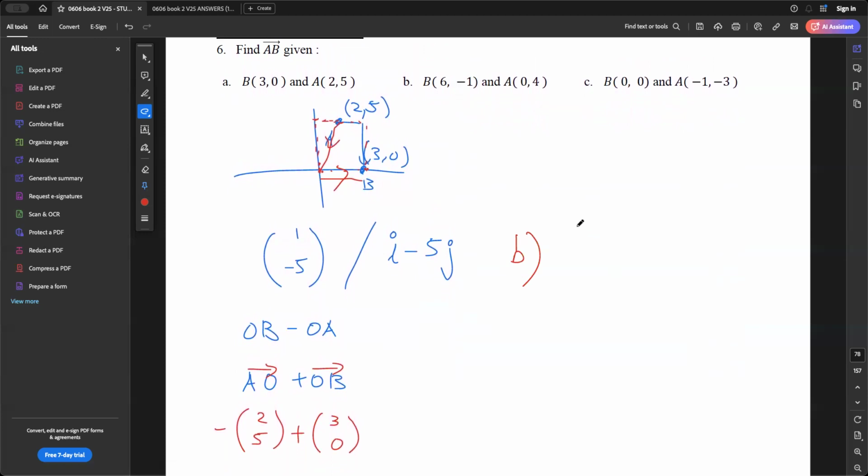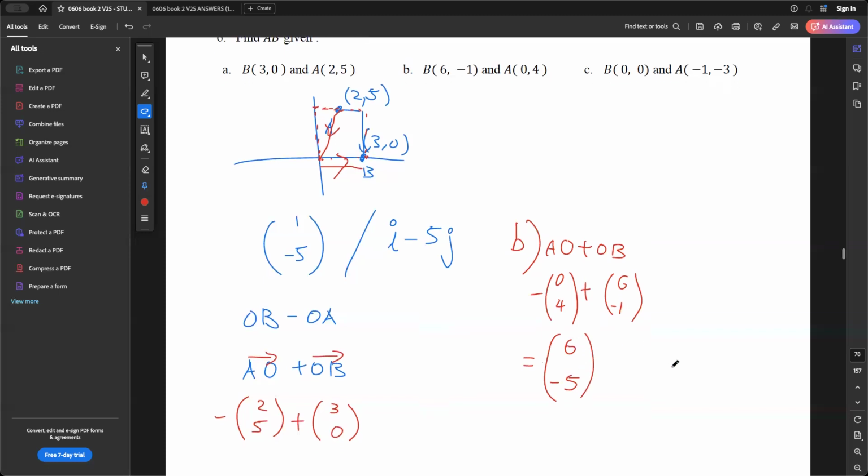Which is, oh wait again. AO plus OB. Oh, you also do this method. Okay, then negative 0, 4, 6 minus 1. So in the end, you will have gotten 6 and negative 5.